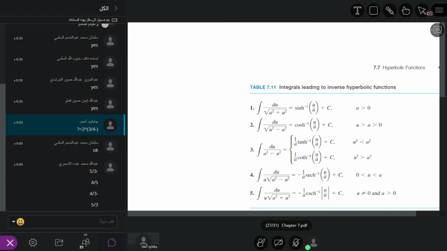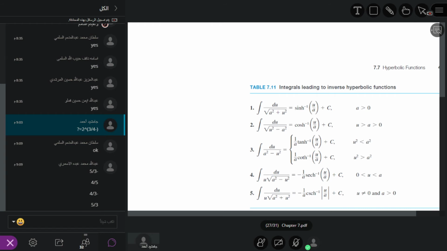We have here 2 cosine hyperbolic ln x, that is why we write 2 cosine hyperbolic. So in the place of x we replace ln x. So this will be e power ln x. The 2 stays the same because it is a constant.